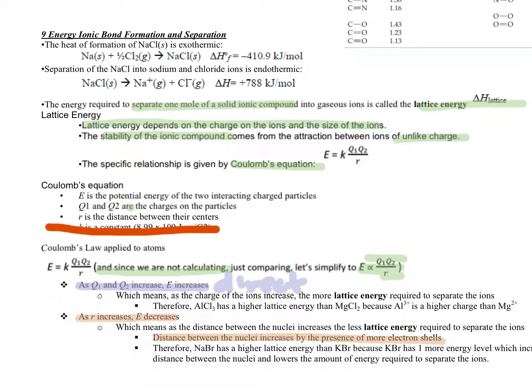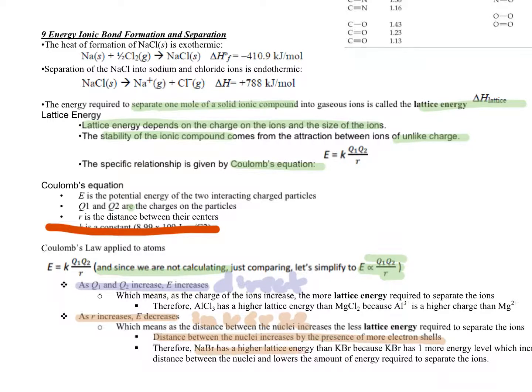So if my nuclei are further and further apart because they have more and more electron shells between them, they're easier to separate. They're held together less strongly. Okay? So as radius increases, energy decreases, because these are an inverse relationship or an indirect relationship. As one goes up, the other one goes down.